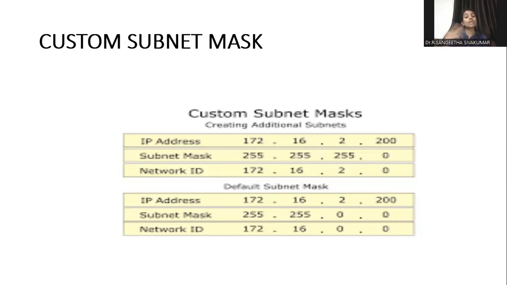Now, how does the network ID look? It is 172.16.2, as the 3 octets belong to the network, so it is called the network ID. And the 0 denotes the host ID. So this is how the network ID is found from the IP address and the subnet mask. The same example is given here.